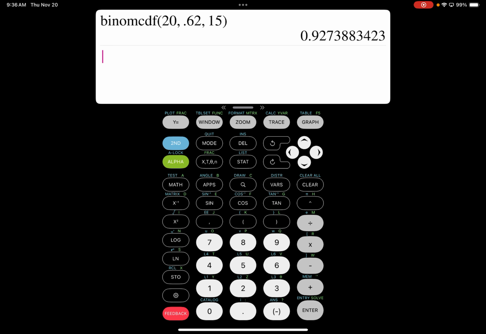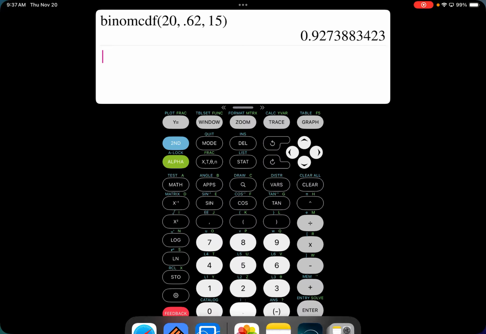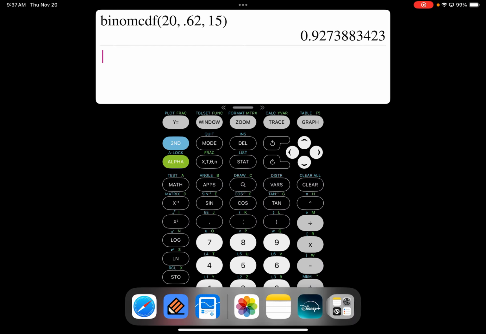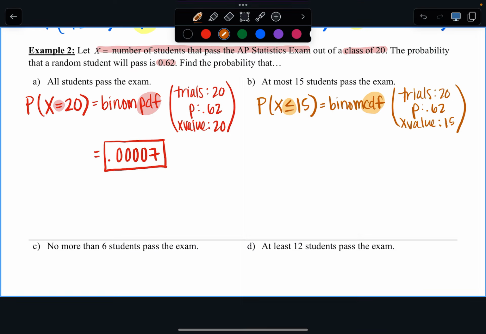The nice thing about calculators, the TIs themselves and not my app, is that it should save your information. So it should still keep your trials and your probability, and you're just altering the X value to be what you need it to be. In this case, I got a probability of 0.9274.